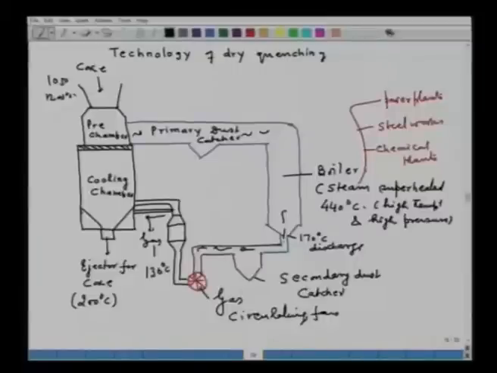Now here, the composition of circulating gas is also important because the gas should have high thermal conductivity.